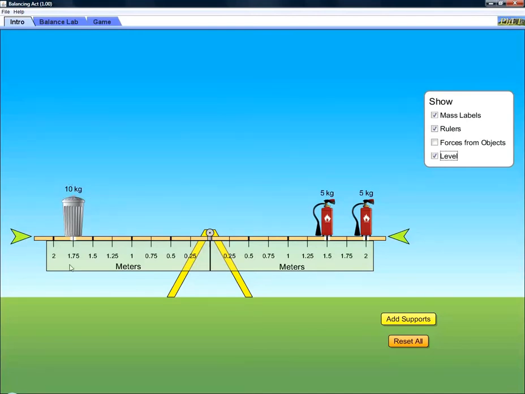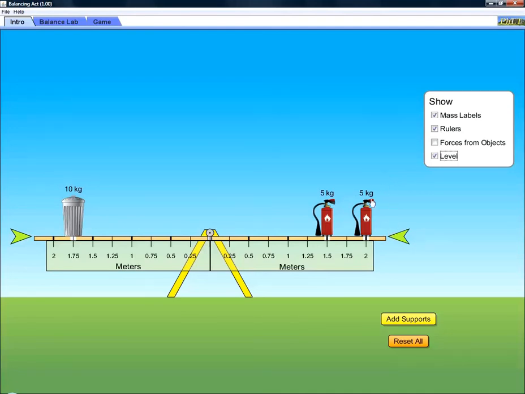It's 100 newtons times 1.75, so 1.75 times 100 is, sorry? Yes, 175. So we've got 175 newton meters turning it anti-clockwise, which means, because it's level, the sum total of each of the 2 moments on here has to add up to 175.